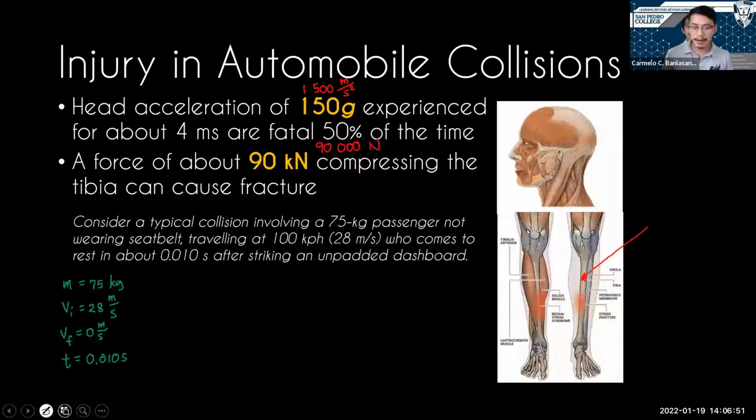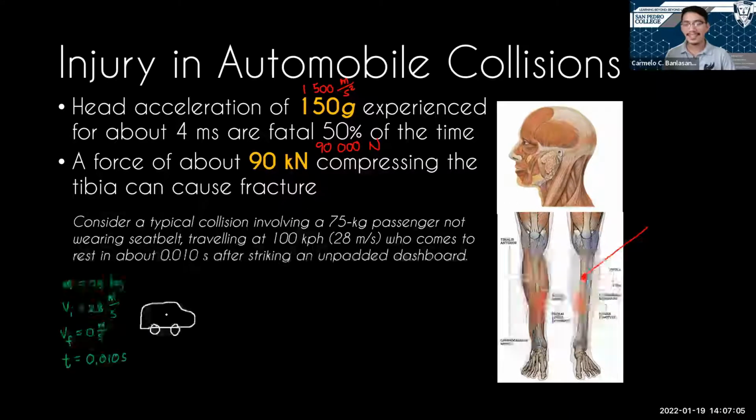Okay, so this is a common scenario, for example, during a collision. Basically, there is a car, I'll draw the car. Right? My car. And then there is a person inside that car not wearing a seatbelt. And this car is moving at 100 kilometers per hour. And then it collides. There was a collision, it crashed. So that means the final velocity is 0.